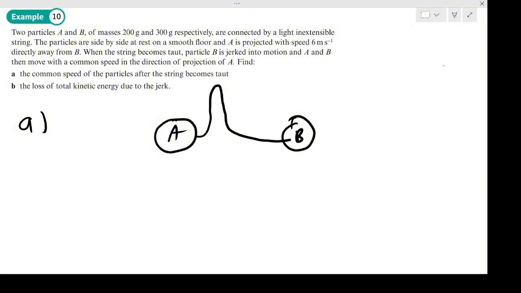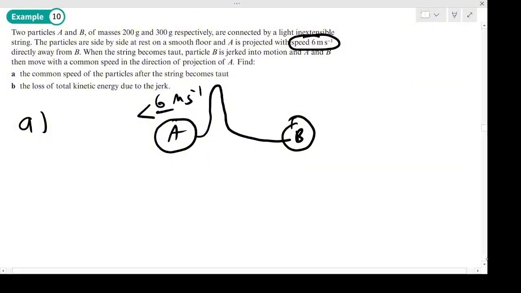So they originally both start at rest, but then A is projected with speed 6, and it's going to go away from B, so there's going to be some speed applied to it of 6, and it's going to be pushed to the left. Okay, so what's going to happen then is the string is going to be stretched to the left.